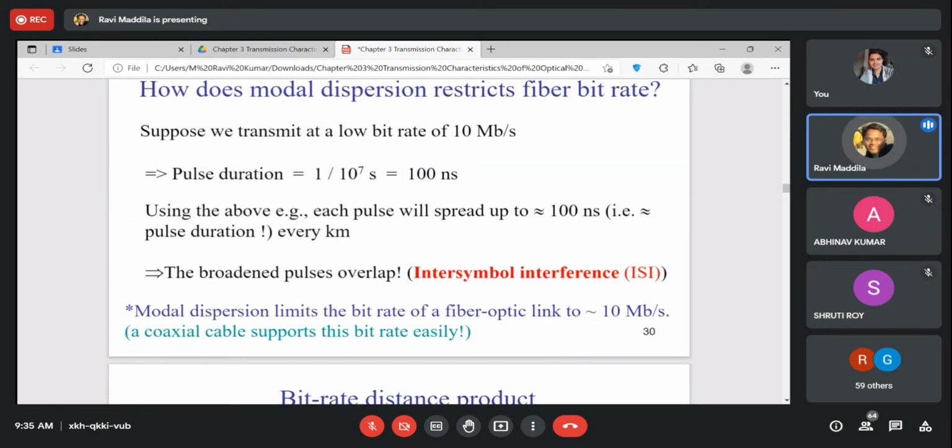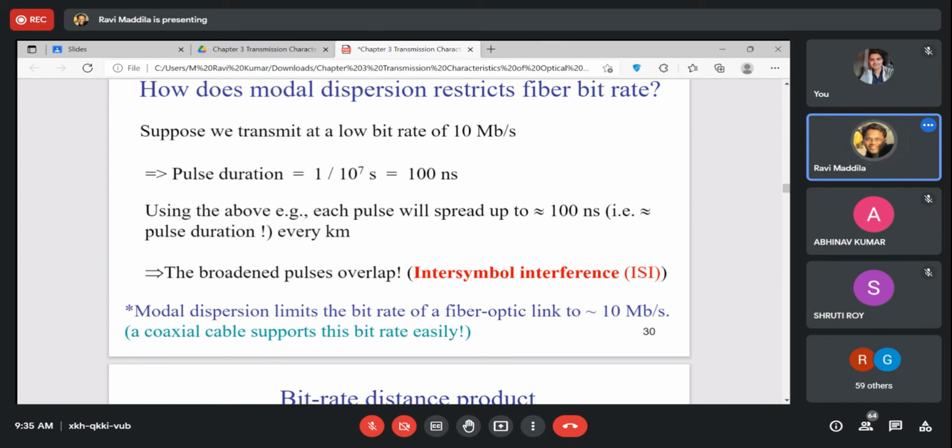So modal dispersion limits the bitrate of a fiber optic link to 10 Mbps. This is a common value for multimode fibers.